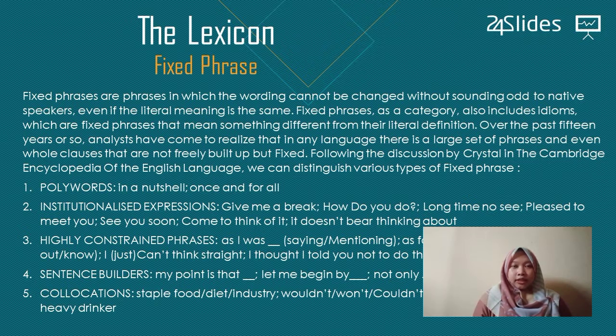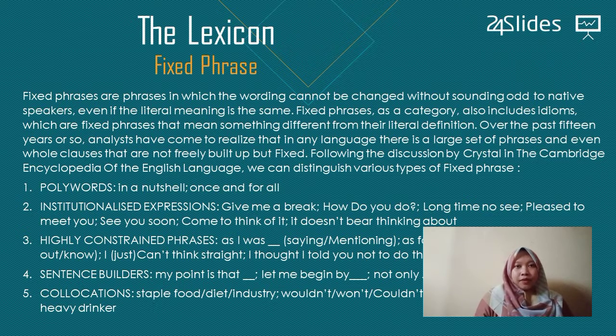And the last point, fixed phrases. Fixed phrases are phrases in which the wording cannot be changed without sounding odd to a native speaker, even if the literal meaning is the same. Fixed phrases as a category also include idioms, which are fixed phrases that mean something different from their literal definition.